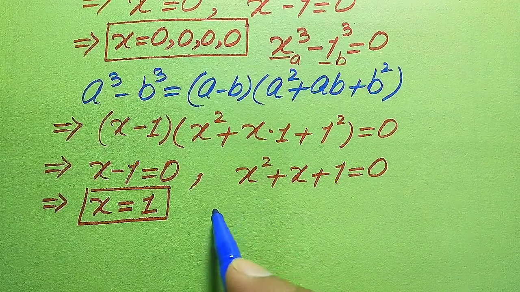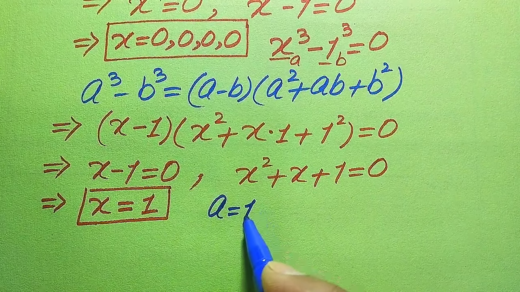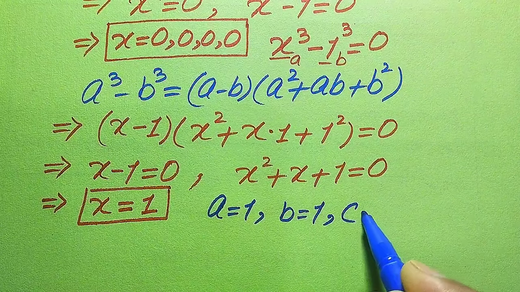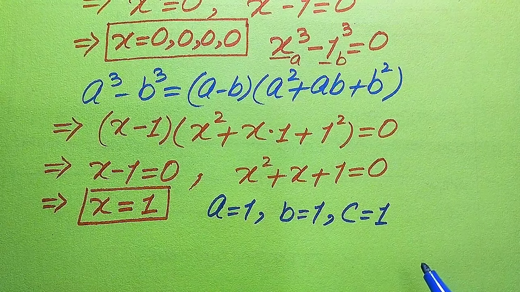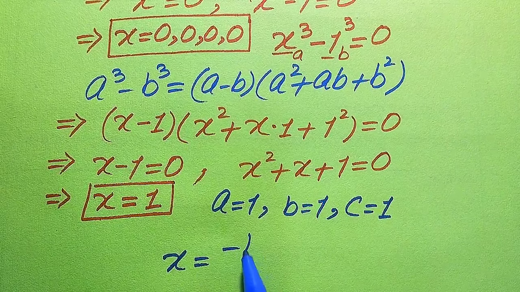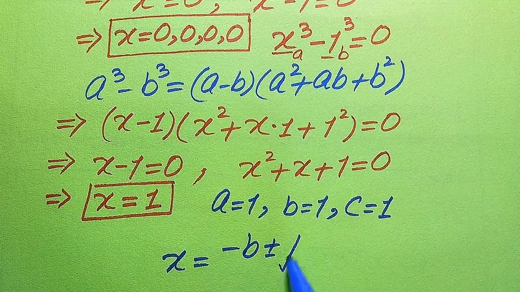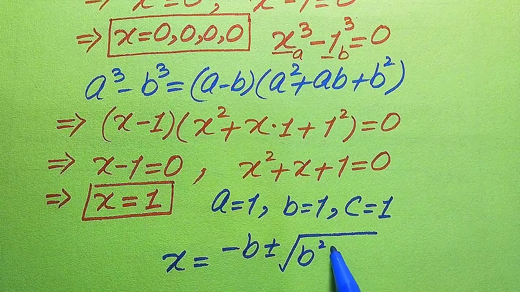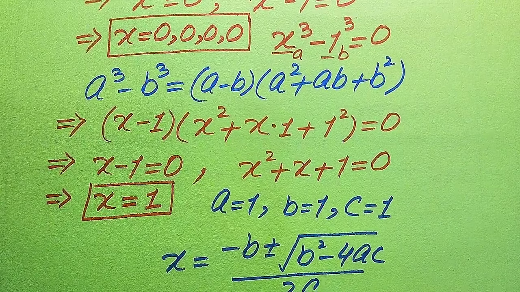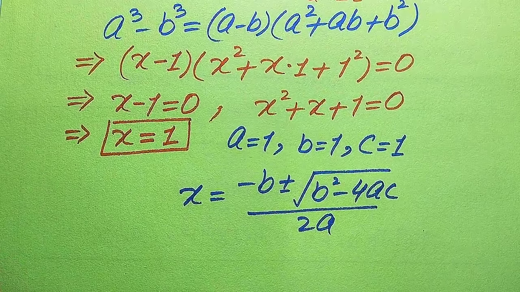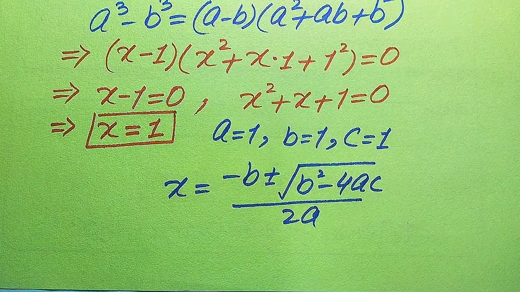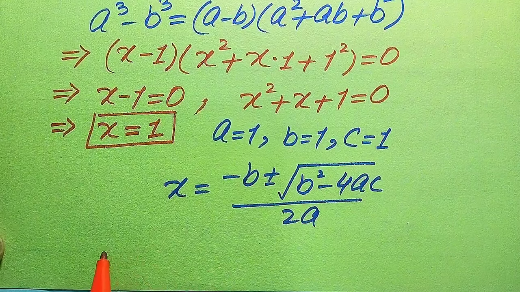So first we write the coefficients of this equation, and its coefficients are a equals 1, b equals 1, and c is also equal to 1. And we state the quadratic formula as x equals minus b plus minus square root of b square minus 4 times ac, divided by 2 times a. This is our quadratic formula, and here we need to substitute the values of a, b and c.